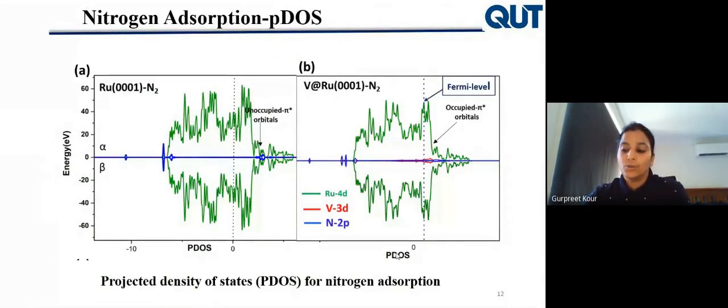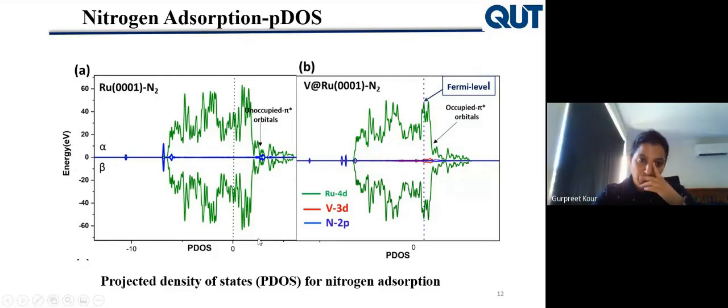Further to that, we calculated the density of states for both the pure ruthenium and the doped ruthenium. On the left, we have pure ruthenium with nitrogen adsorbed on the surface, and here is nitrogen adsorbed on vanadium doped ruthenium 001. In the pure case, we can see that the unoccupied pi star orbitals are vacant and very far away from the Fermi level.